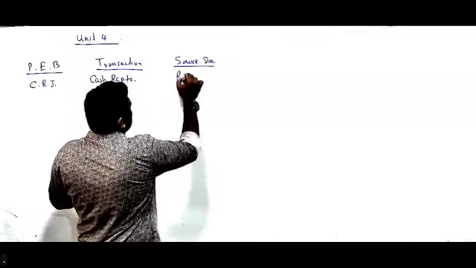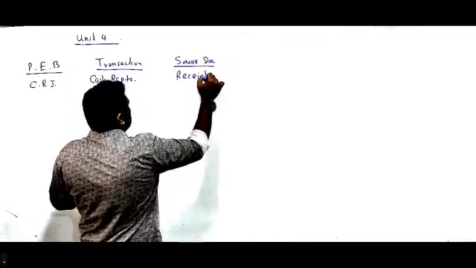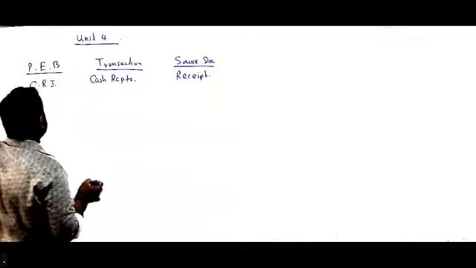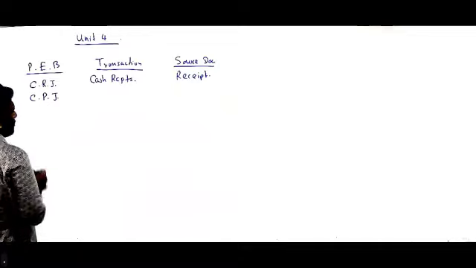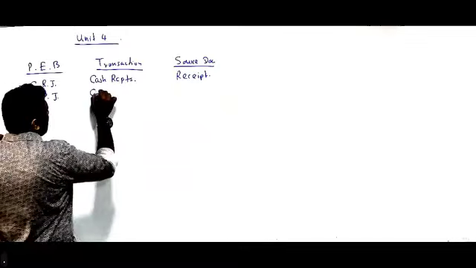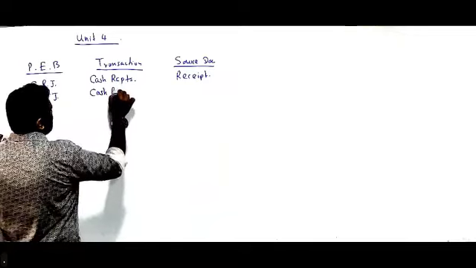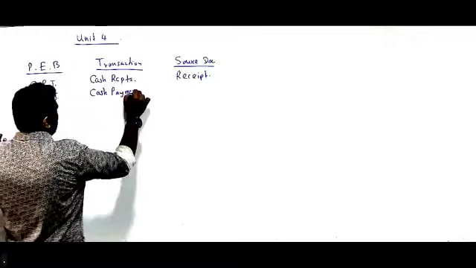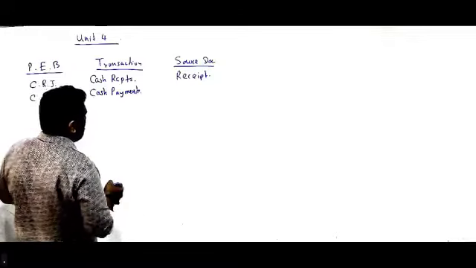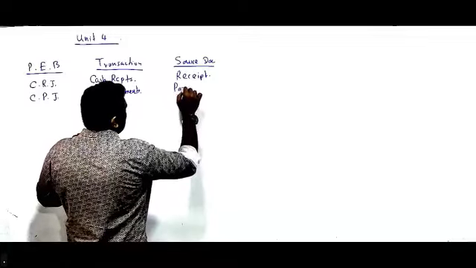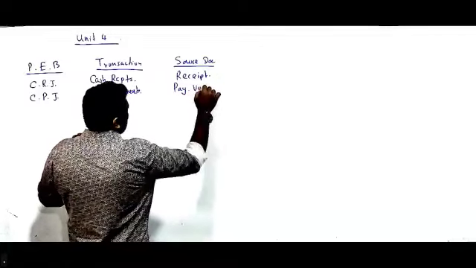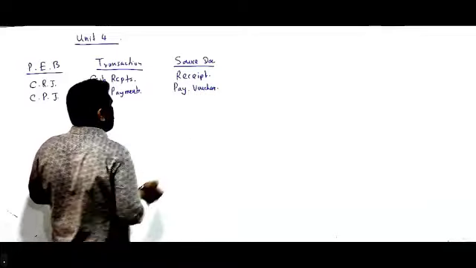Then the second prime entry book we studied, the cash payment journal. What are we recording in the cash payment journal? Cash payments. What's the source document for the cash payment journal, people? Payment voucher.